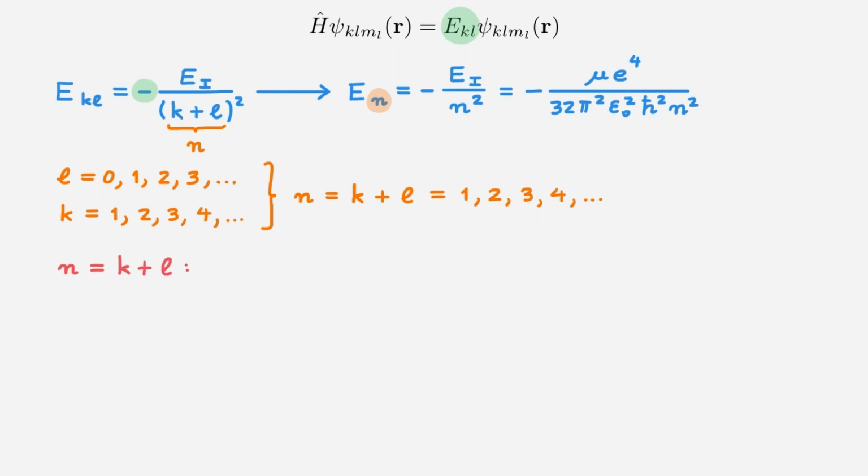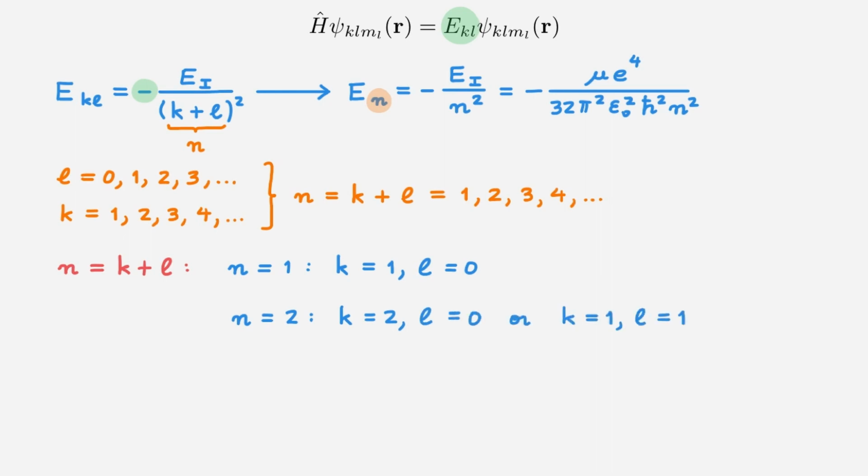Let's start with the lowest possible n, which is equal to 1. This will correspond to the lowest energy, so to the ground state of the hydrogen atom, and the only possible values are k equals 1 and l equals 0. For the first excited state, we have n equals 2. We now have two possibilities, either k equals 2 and l equals 0, or k equals 1 and l equals 1.